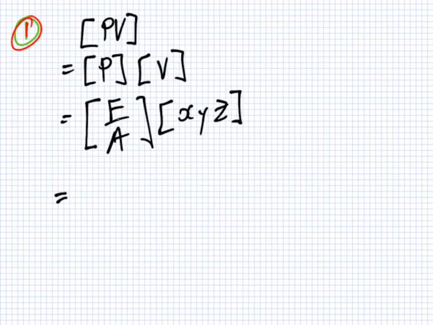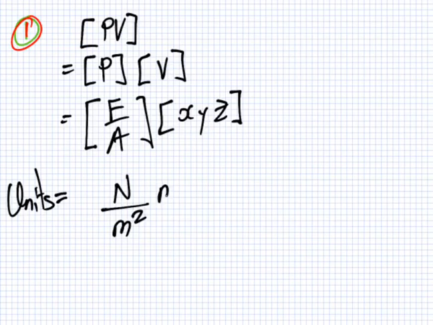Okay, so if I look at the units now, what's the unit for force? Newton over meter squared, and here x, y, z, or volume? Meter cubed. So what does this simplify down to? Newton meter, which is the same as what?